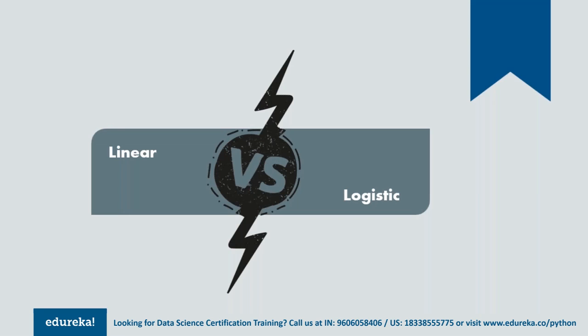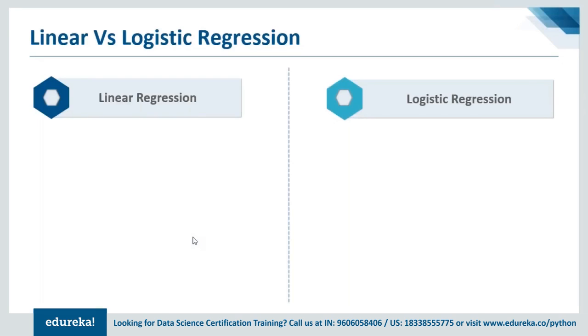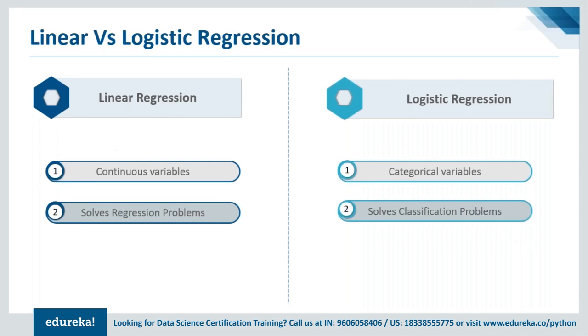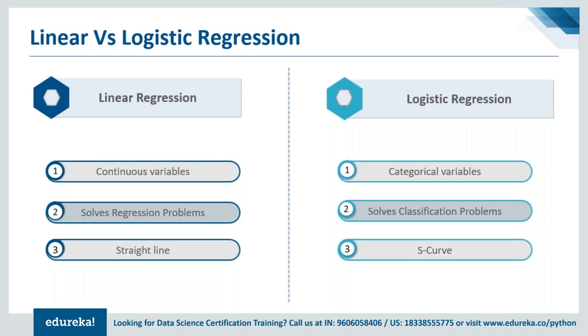So if this is logistic, then let's try to see at a very high level, which we have already tried to compare, how logistic and linear are different. So in linear we get continuous variables, while in logistic we get categorical variables. Linear regression tries to solve regression problems, while logistic tries to solve classification problems, because it is 0 or 1.